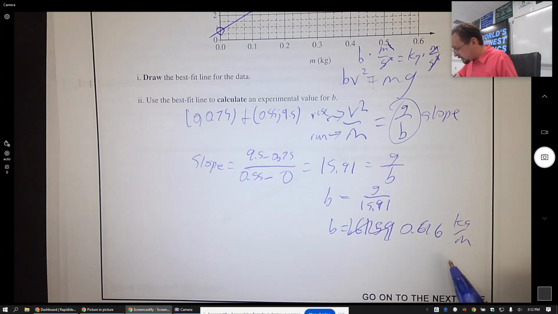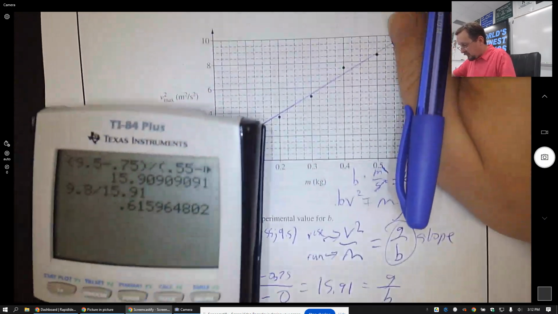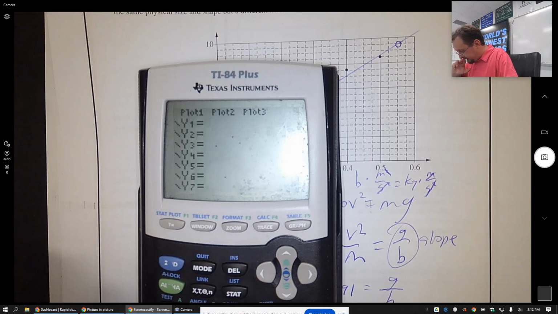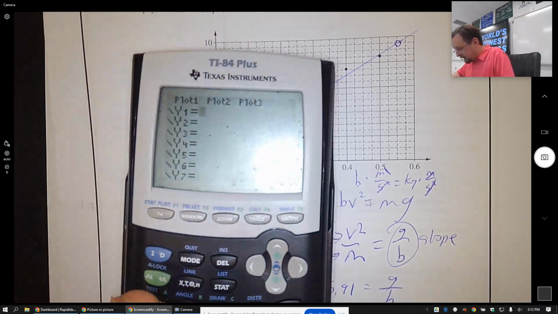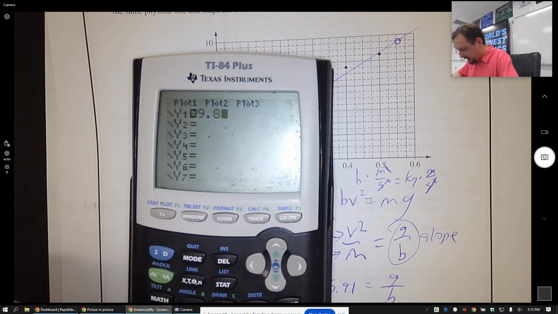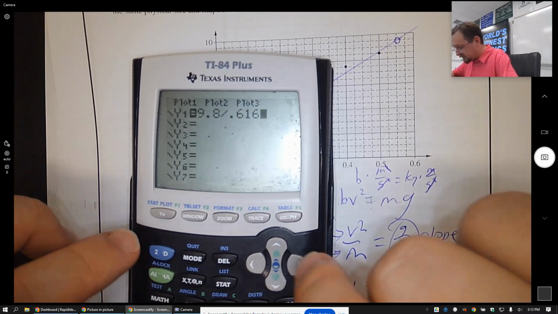All right, here's what I'm going to do really quickly: I'm just going to make a little graph of, let's say, y equals 0.616 over 9.8 over 0.616. I'm just going to do this really quickly.